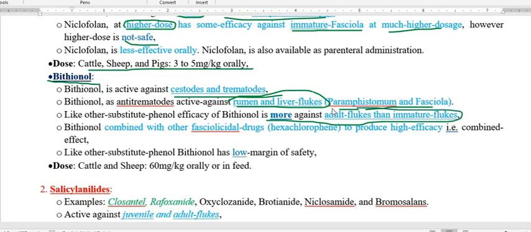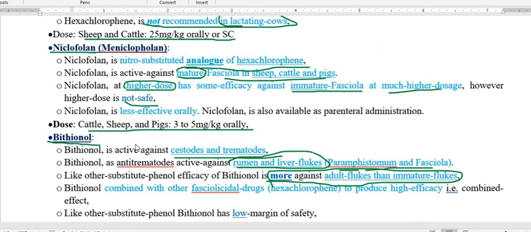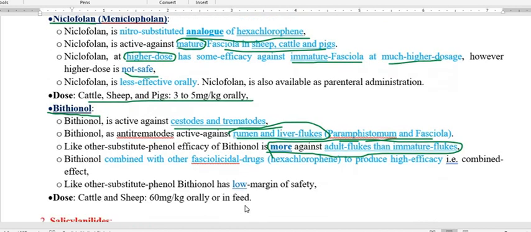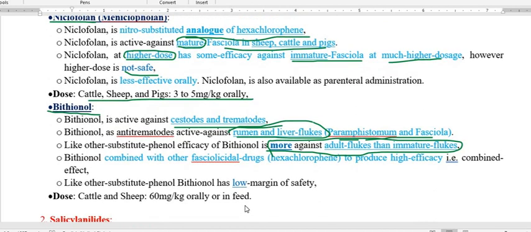So as we found in all the examples of the substituted phenols, whether it is nitroxynil, hexachlorophene, nicolofolone, or bithionol, they mainly show good activity against the mature or adult liver fluke.